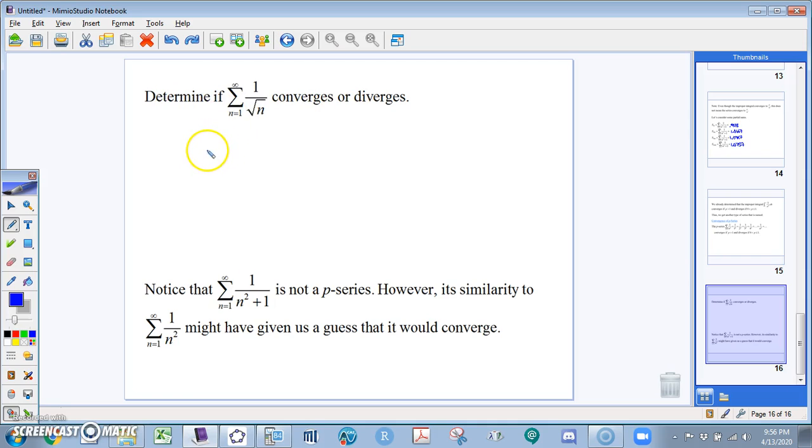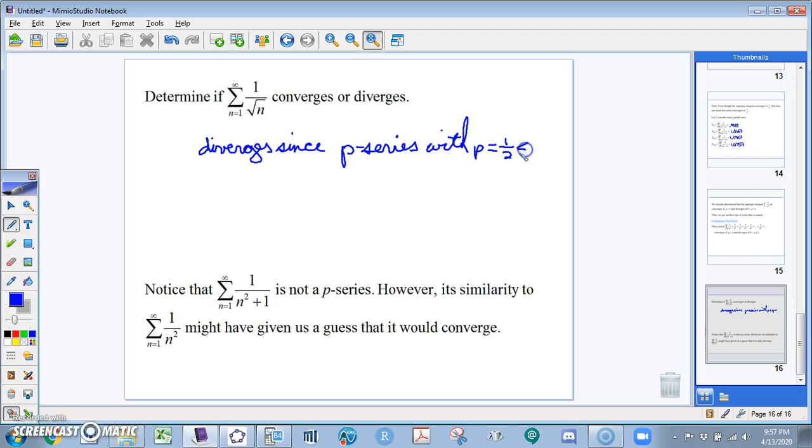And we would simply say diverges, since it's a p-series with p equaling the power on there, 1/2, and that is less than or equal to 1. So that gives us a super quick way for some series to work with that.